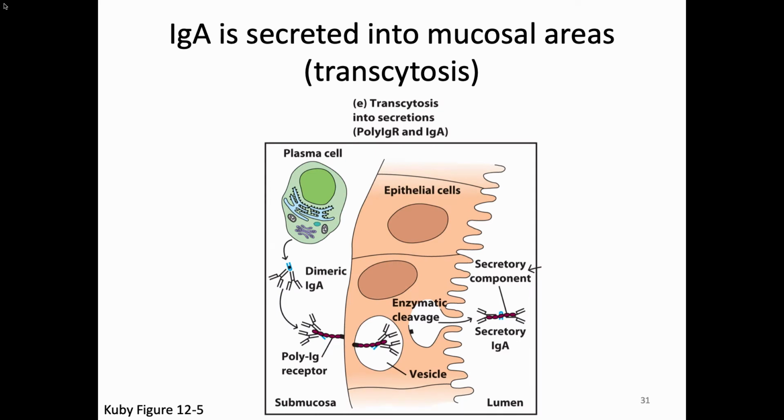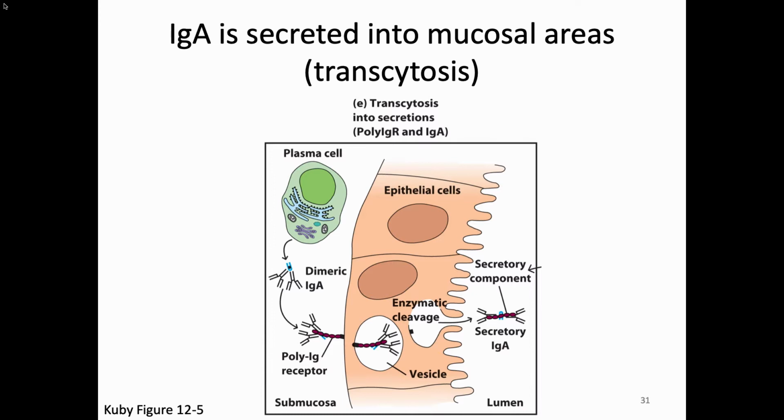So IgA, like any other antibody, is secreted by some B cell into the blood. However, that antibody then binds to a special Fc receptor, is brought into a vesicle in a cell in the epithelial layer, and is then delivered across the other side into mucosal areas.